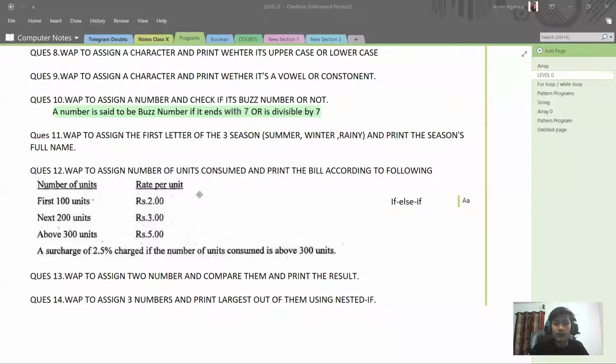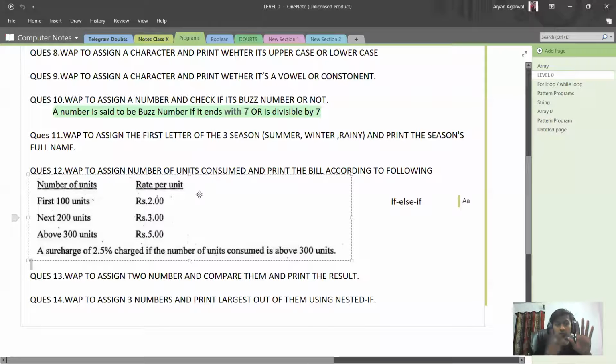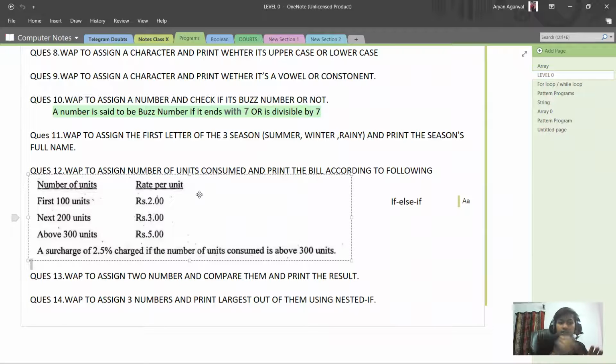Because when the first 100 units are consumed, only then the next 200 units will begin. Therefore, the total number of units for which the second condition stands is 300 units. If the number of units is less than 300, then the second condition will run. The first 100 units are charged at rupees 2 per unit. Then we jump to the next 200 units, which are charged at 3 rupees per unit.